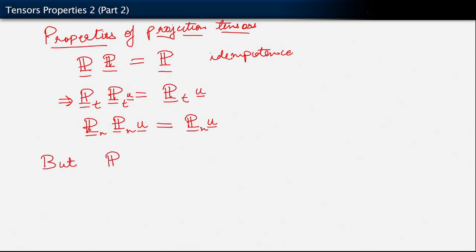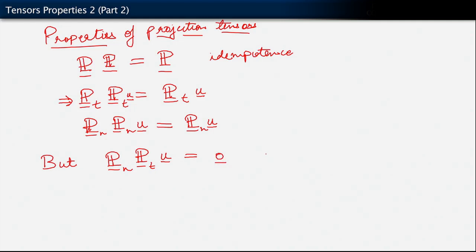What if you try to do P sub N acting on P sub T? Let's test it by making it act on U. What you will see is that this is the zero vector, always.